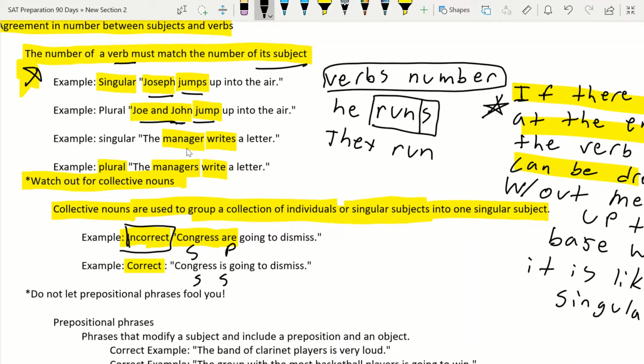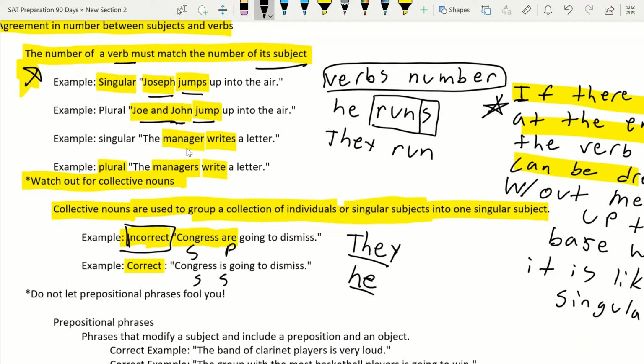So how do we know? One thing that you can use to check if a verb is plural or singular is to simplify it. Congress could be a little bit of a difficult word, so let's say we're using our generic words: they for plural and he for singular. If you're ever stuck, just revert to they or he.